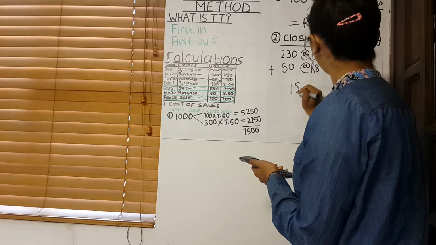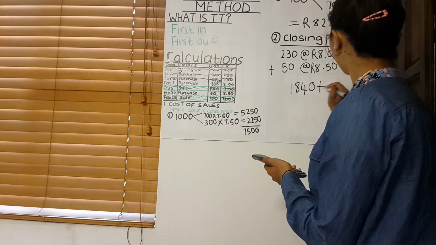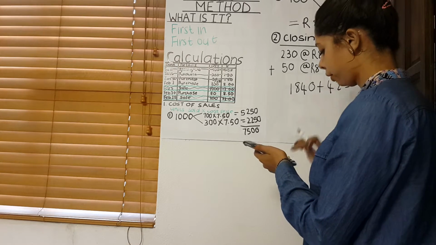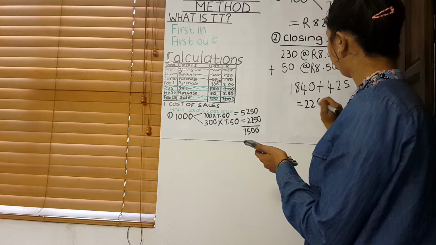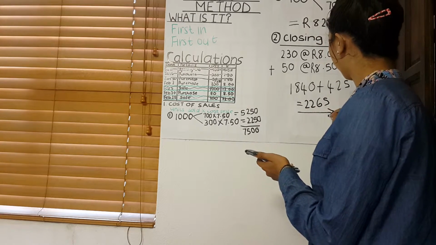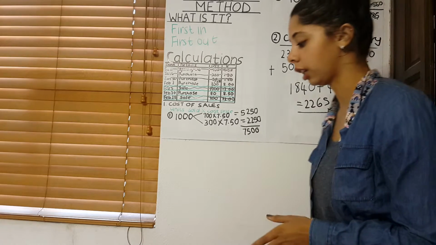We then say 1840 plus 425, which will give us 2265. That will be our total for closing inventory.